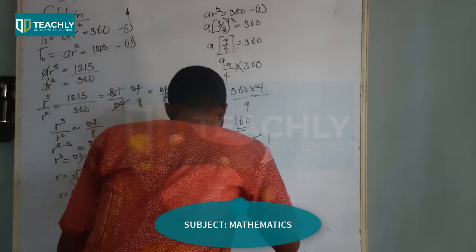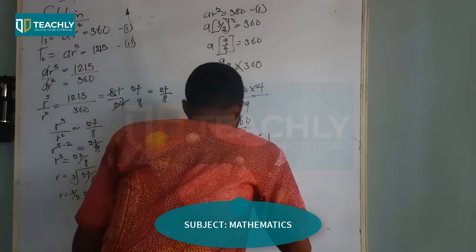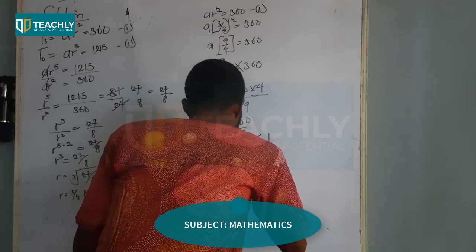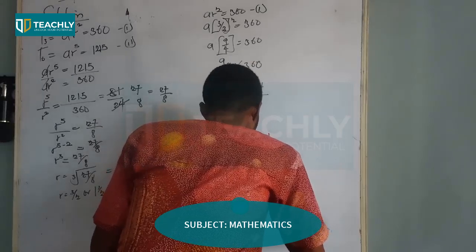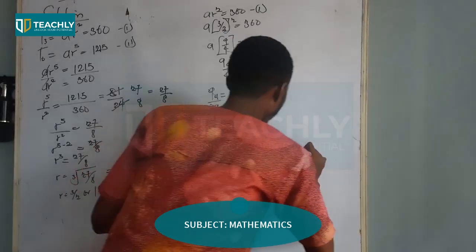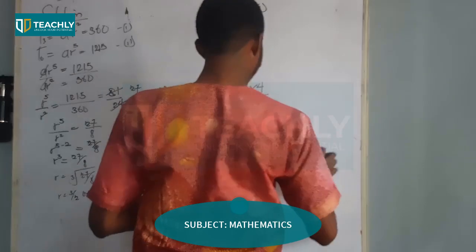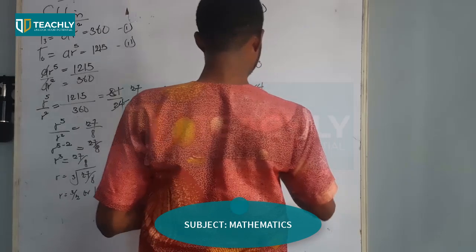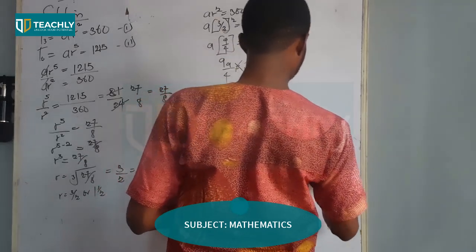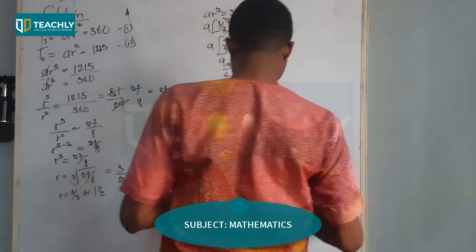The first equation I gave you earlier was S is equal to A, open bracket, R to the power n minus 1 over R minus 1. What's the reason? Because R is greater than 1.